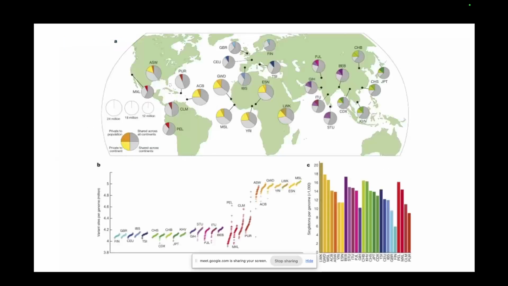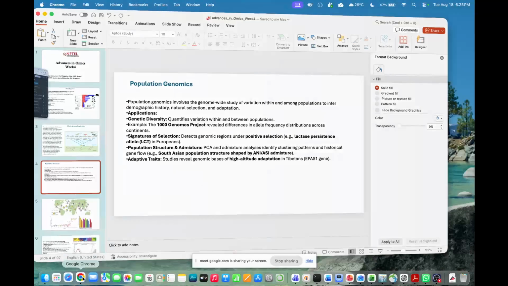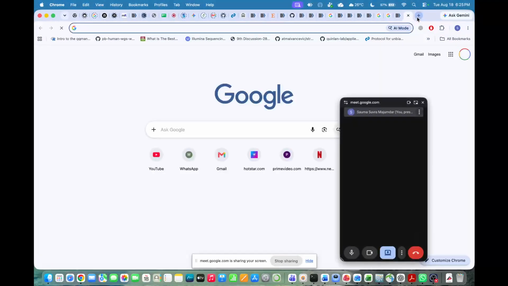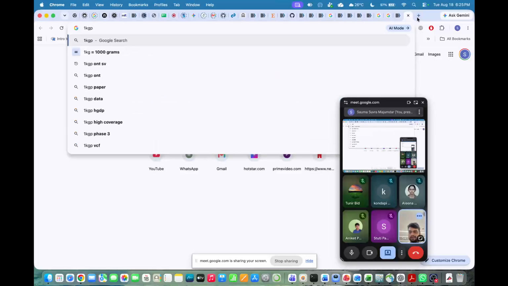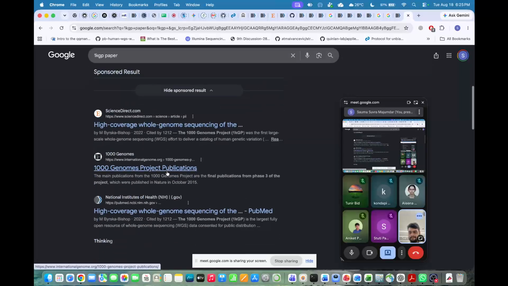So I'm just going to go here. KGP, yeah, so this is the latest one. This is the 2022 paper.